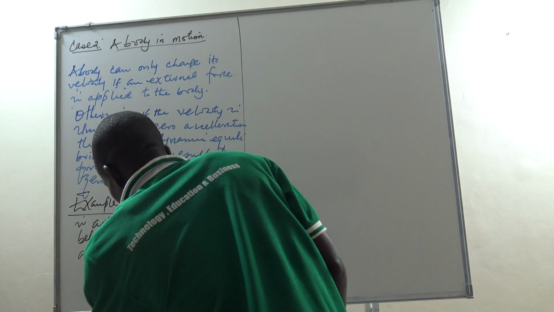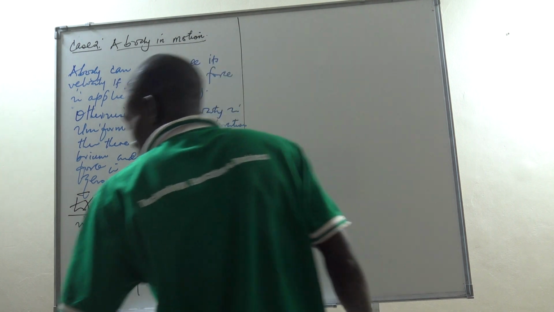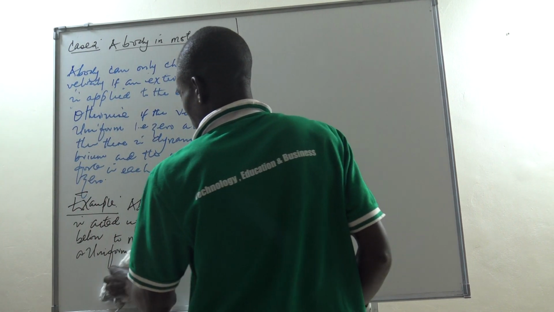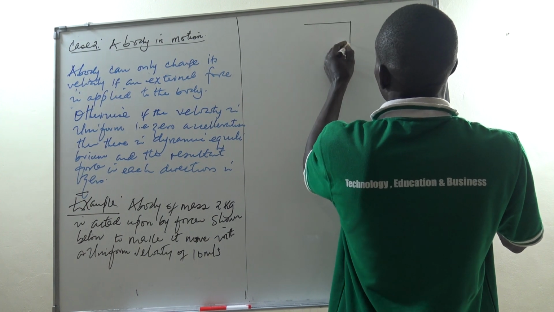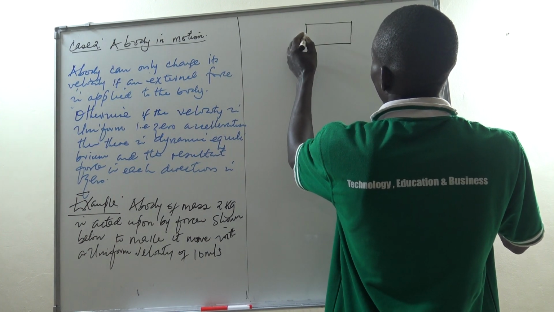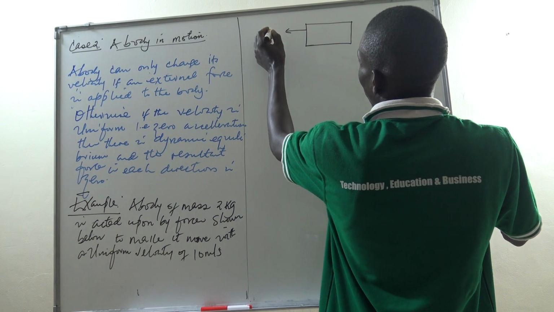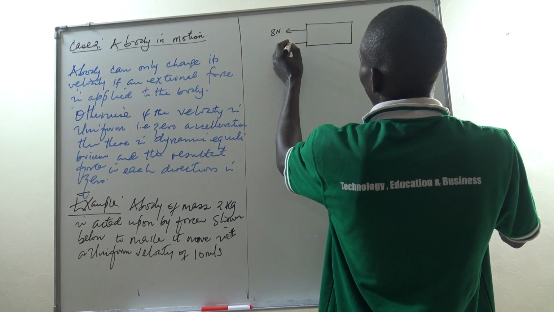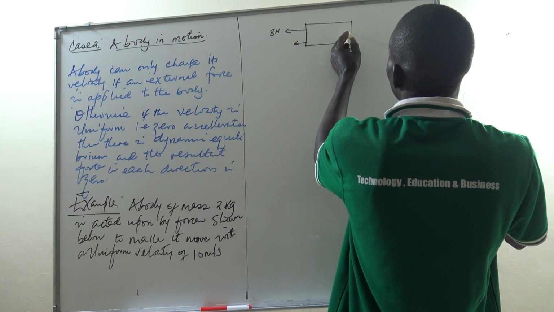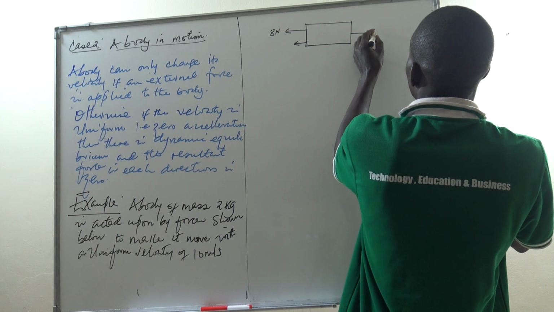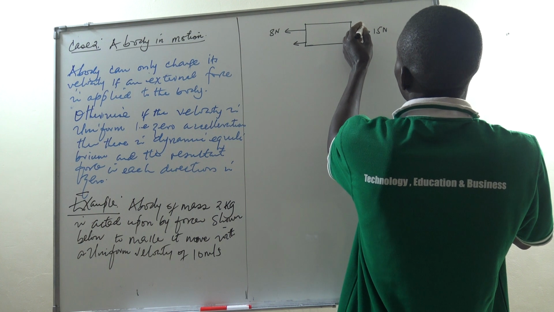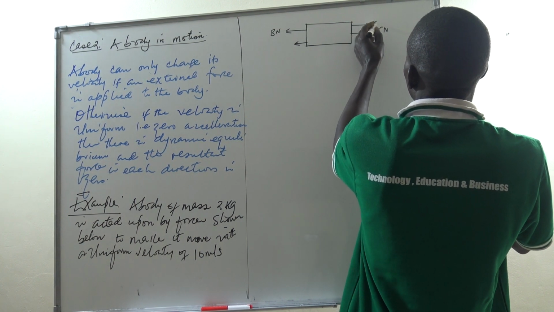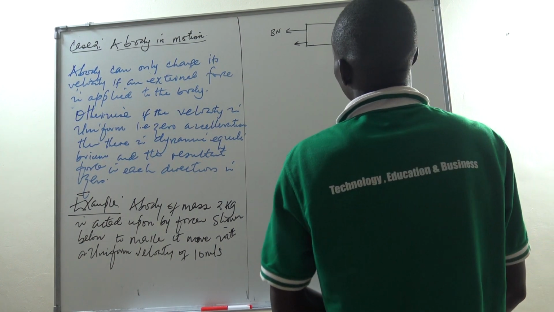So if I have that, let me draw it in this free space here. They are saying this is 8. They are saying this is 15. And now I have x there.